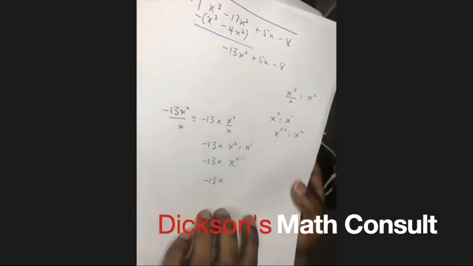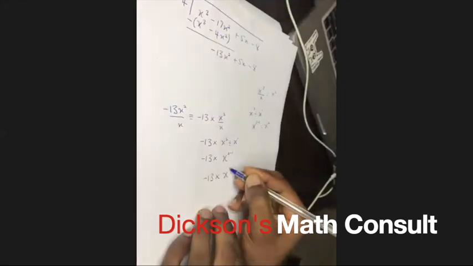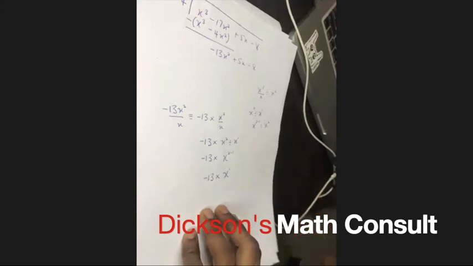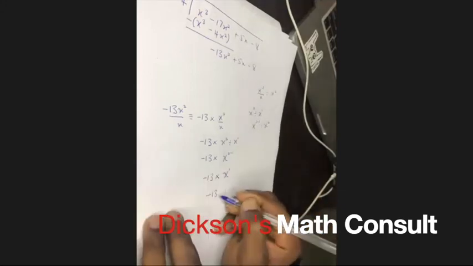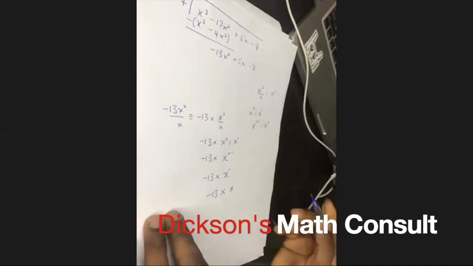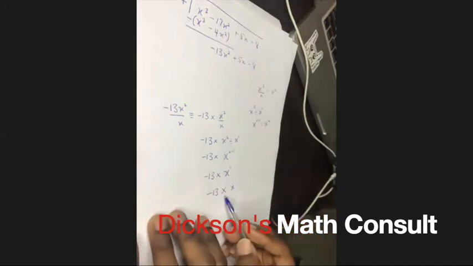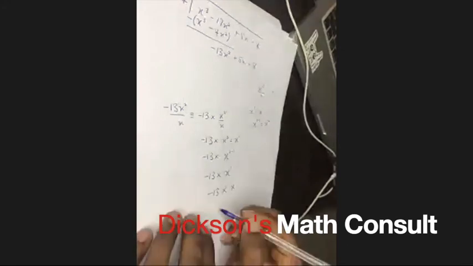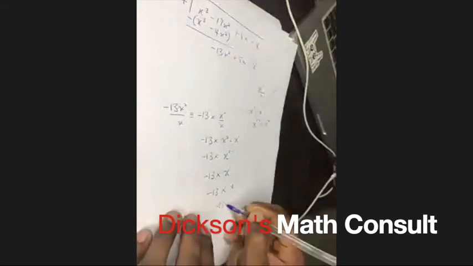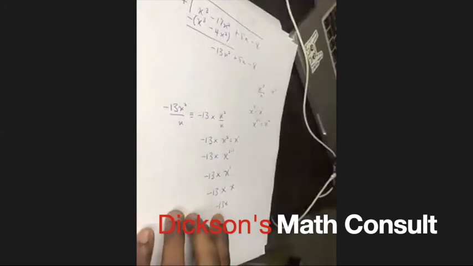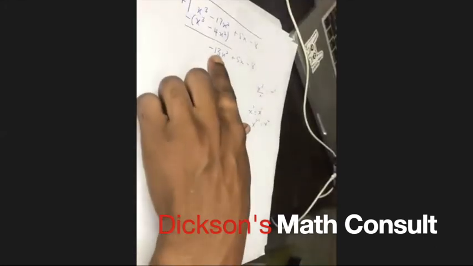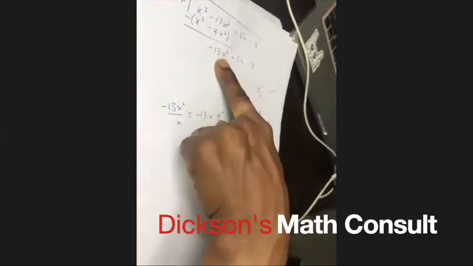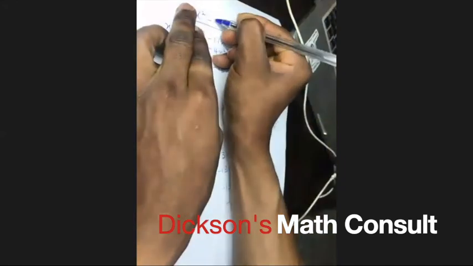So I have x raised to the power 1. Now any number raised to the power 1 is the same number. So I have negative 13 times x, which is negative 13x. So here, you can boldly say that x will go into negative 13x squared, negative 13x.